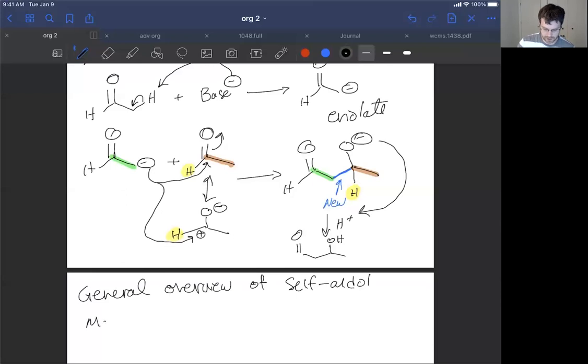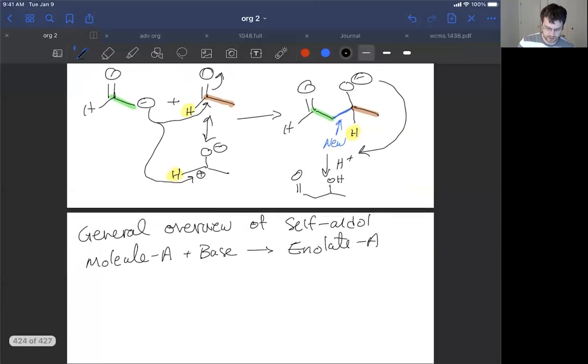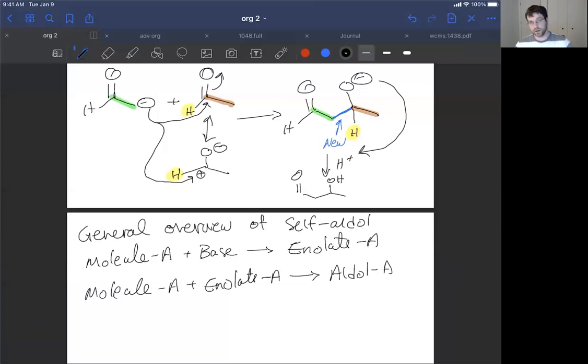If you've got some molecule A, you can treat that with base to make some enolate, which I'm going to call enolate A. And then molecule A plus enolate A gives aldol A. Okay, so an aldol reaction is just some enolate reaction with a carbonyl.